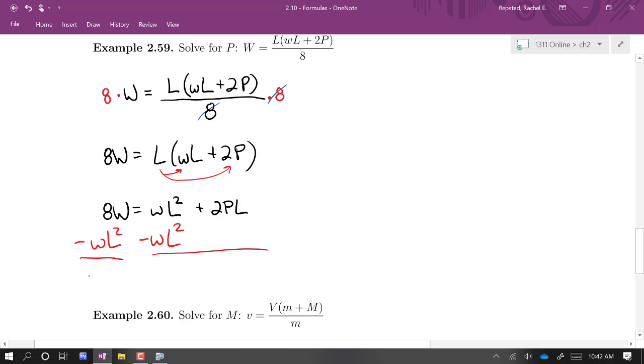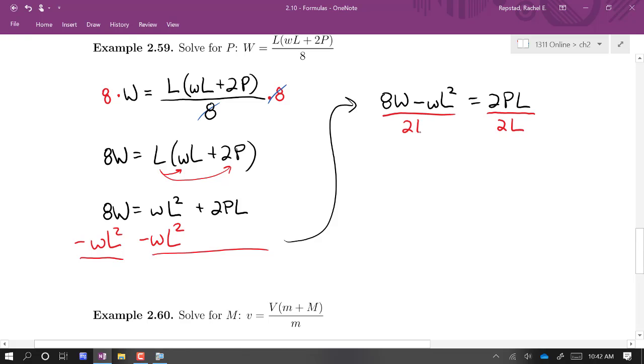And now we have 8 big W minus little w L squared equals 2pL. So now on the right side, p is being multiplied by 2 and by L. I'm going to get rid of both of them at the same time. I'm going to divide both sides by 2L. And that will get p by itself. And like I did before, I'm going to write p on the left side. So p is equal to 8 times big W minus little w L squared, all over 2L.